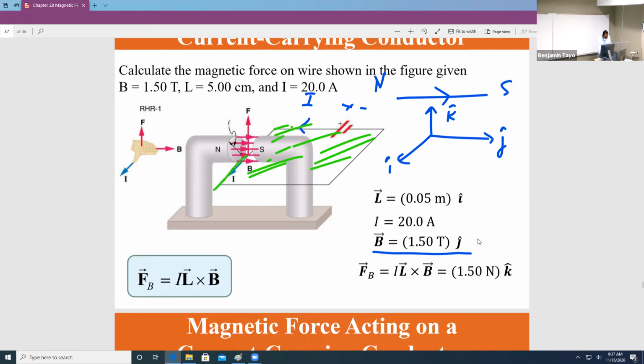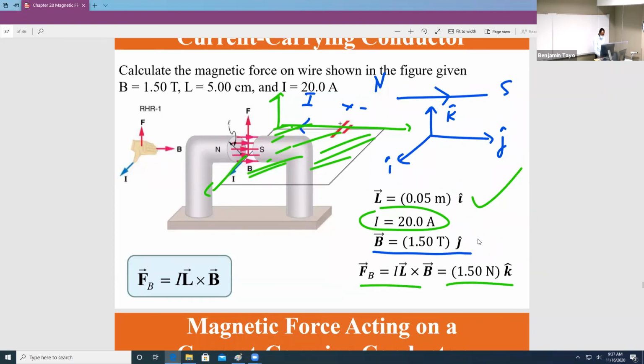This would be the I hat, and this would be the J hat, and then the K hat makes 90 degrees with respect to that surface. So you set up everything. Again, the length vector is given by that. Because the length vector is pointing in the I hat direction, the magnitude of the current is just 20.0 amps. The strength of the magnetic field is given by that. So using this equation, you end up with that.